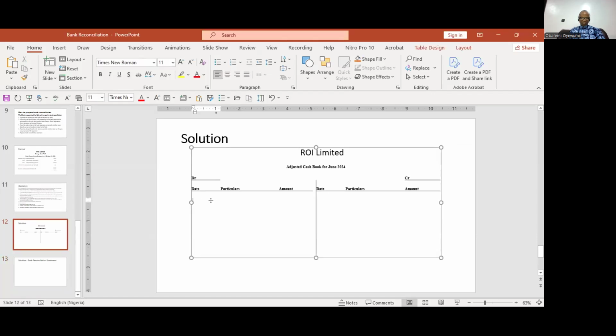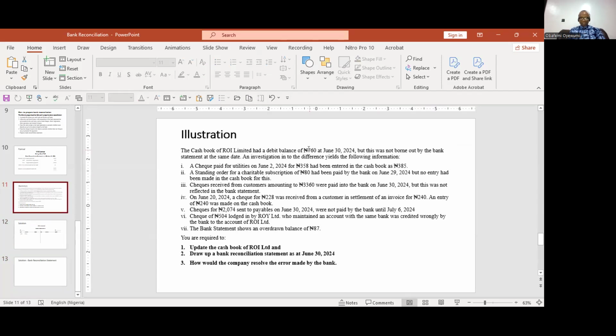The date is the 30th of June. What we have is the balance brought forward. What's the amount? If we go back to our question, 760.